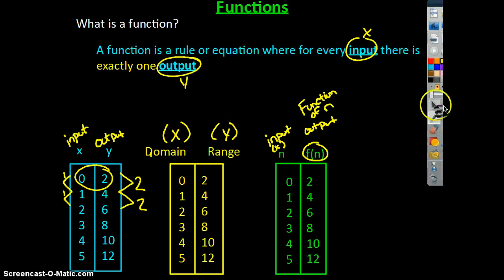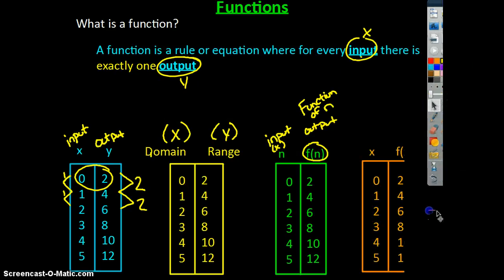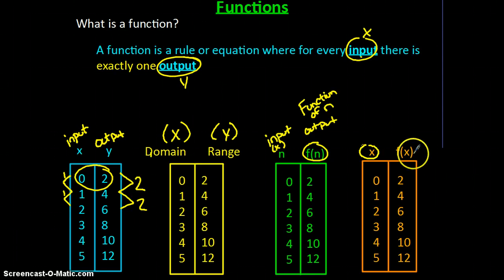Lastly, the last way that we will show a function is using our x value again as our input, where our output is an f of x, our function of our input x. What do they mean? X is our input, which is our n, which is our domain.